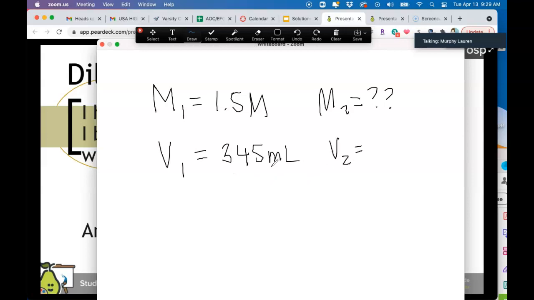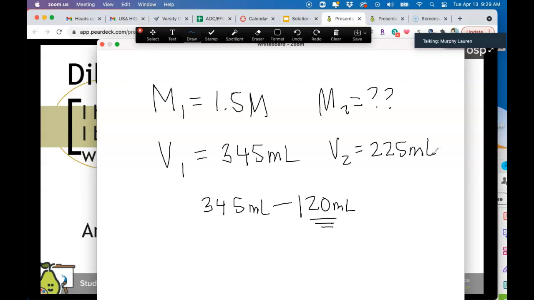Is it 120? Is it 345 plus 120? We're going to lose this much, right? So we won't have 345 milliliters left at the end. If you get rid of that much water, you only have 225 milliliters of stuff at the end.